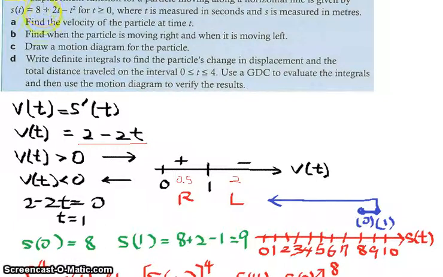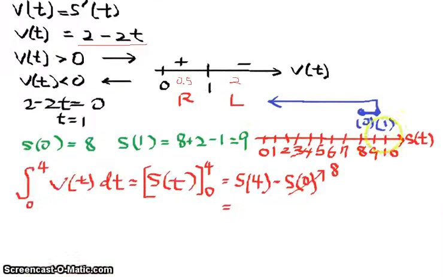So 8, so my t is equal to 4, so 8 plus 2 times 4, which is 8, so 8 plus 8 is equal to 16, minus 4 squared, minus 16, so that gives me 0. So s of 4 is equal to 0. So 0 minus 8, I have negative 8.